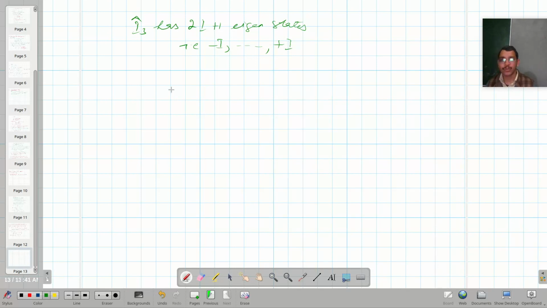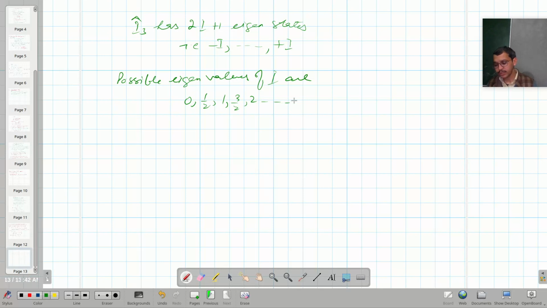Possible eigenvalues of I are either 0, 1 by 2, 1, 3 by 2, and 2, and so on.